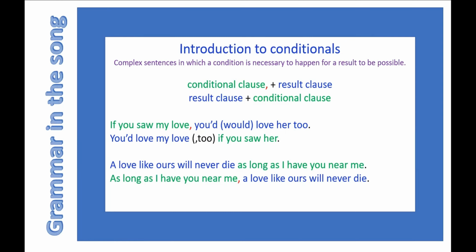As long as I have you near me, a love like ours will never die. We can also use unless, when, among others, to express condition. So, for example, we can say, when you saw my love, you'd love her too.